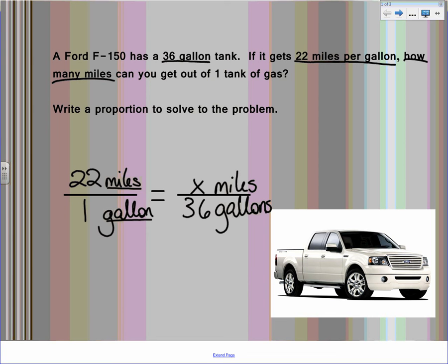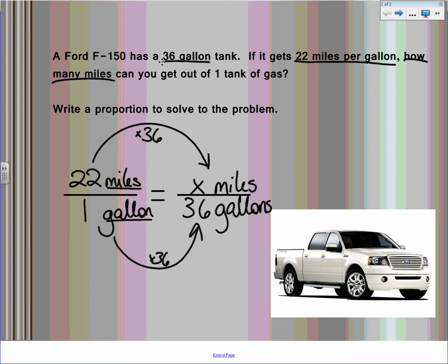Now, I could solve this two different ways, scale factor or ratio. I'm thinking scale factor looks a lot easier. My scale factor from 1 to 36, I know that pretty quick. I'm multiplying by 36. So if I'm multiplying by 36 that way, I must have to multiply by 36 this way in order for it to be an equal ratio.